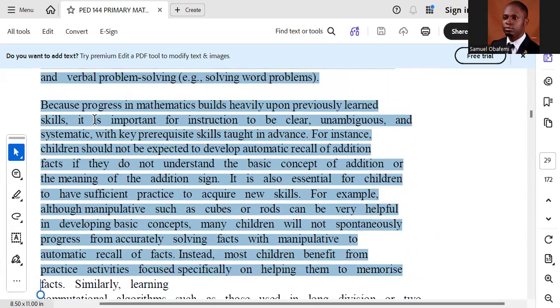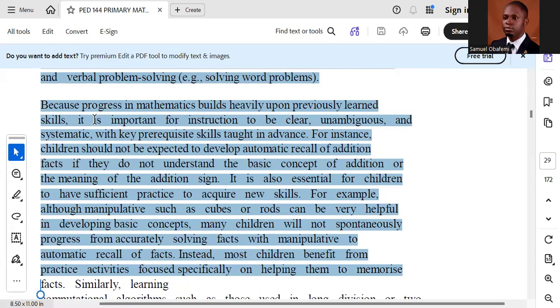So we'll talk about automatic recall of number facts. What does this mean? Automatic recall means pupils should eventually know basic mathematical facts without having to count every time.